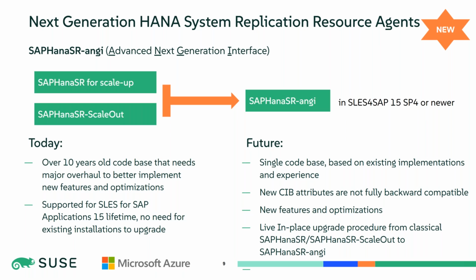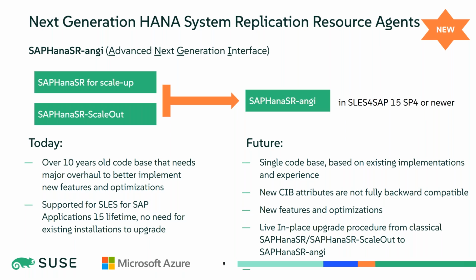They started with scale up because that's the first HANA deployment option, and so SAP HANA SR is for scale up. And then SAP started supporting scale out deployment architecture, and SUSE released the HA solution to support that. So we released a separate resource agent with the name SAP HANA SR-scale out.